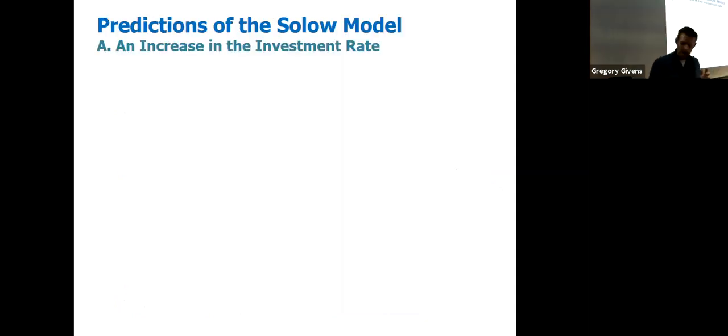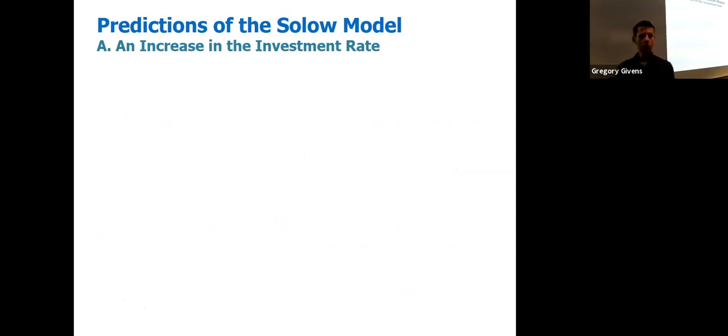Okay, one of the useful things I think about the Solow growth model, because it is a formal mathematical model of long-run growth, is it allows us to provide some insight into all of the potential forces that can potentially drive living standards higher over time.